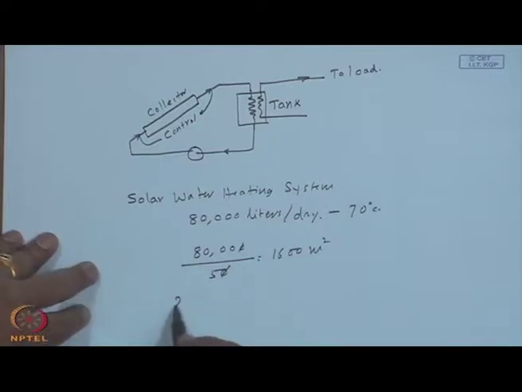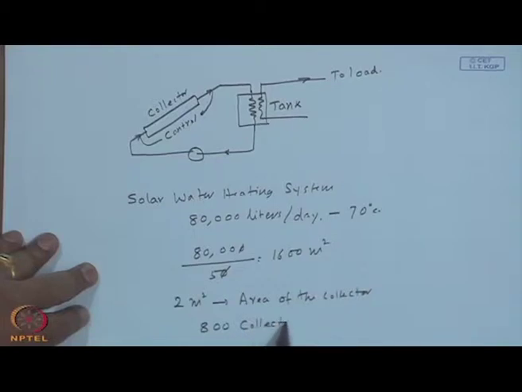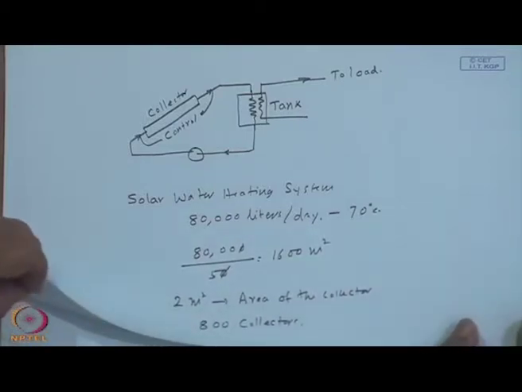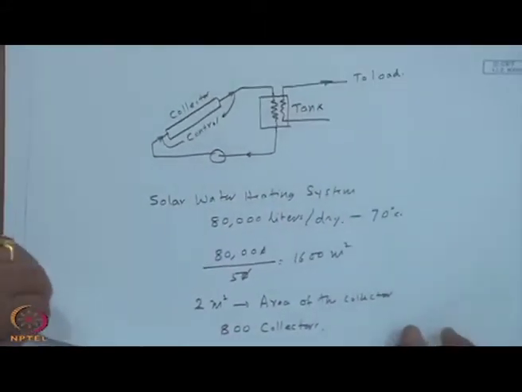So, if you take 2 square meters as the area of the collector, there will be 800 collectors, all of them connected to each other. So, it is not an easy thing to change the slope every day and every month. Consequently, depending upon the application, we find the optimization. That is what we were trying to say in the earlier topic that we considered.